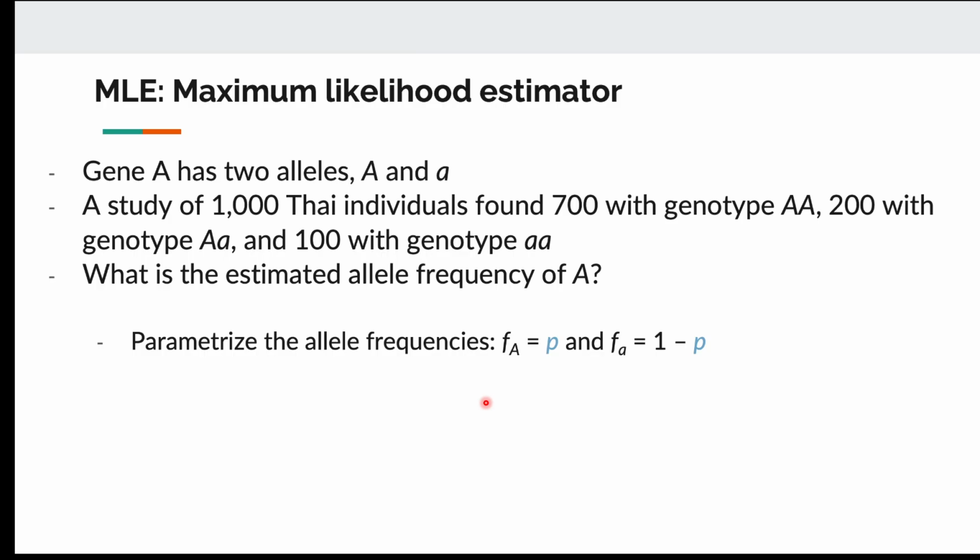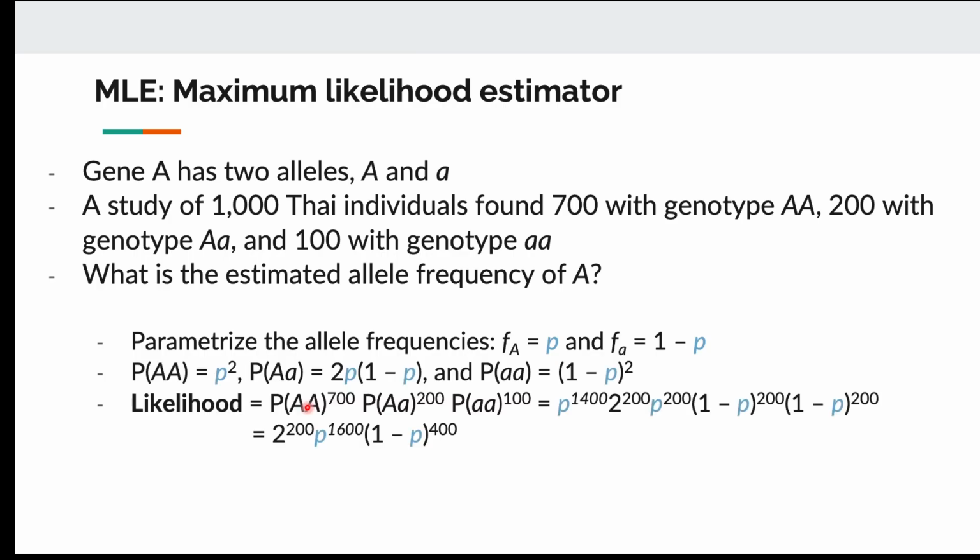So if we write out the likelihood, what is the probability that we see 700 people with genotype capital A, 200 heterozygous, and 100 small a? It's going to be the probability of seeing capital A to the power of 700, and then the probability of heterozygous to the power of 200, and then the small a to the power of 100. If we substitute all these in, we get something very scary.